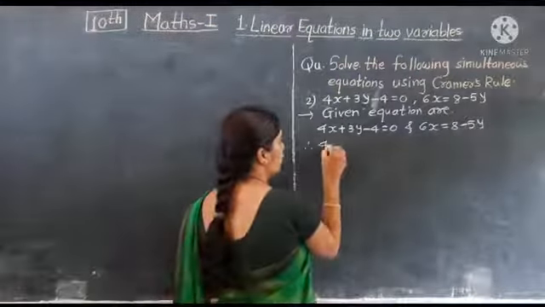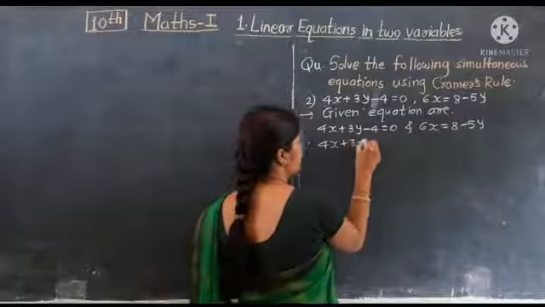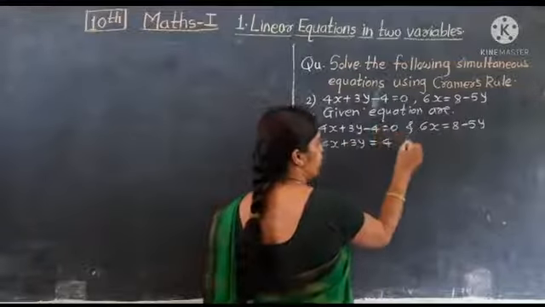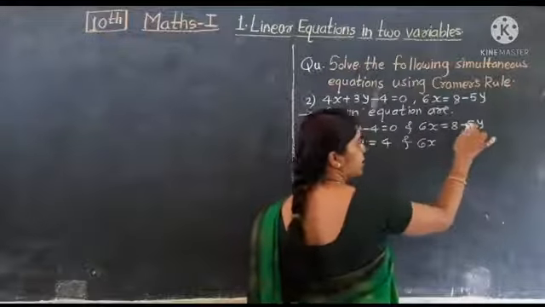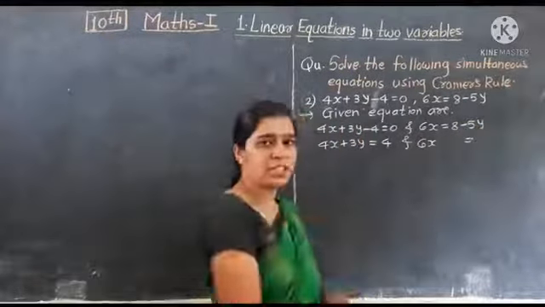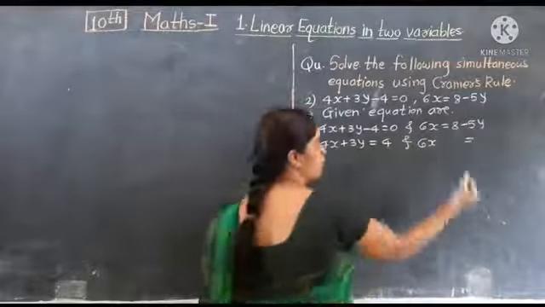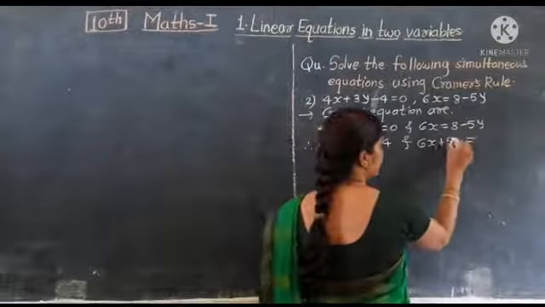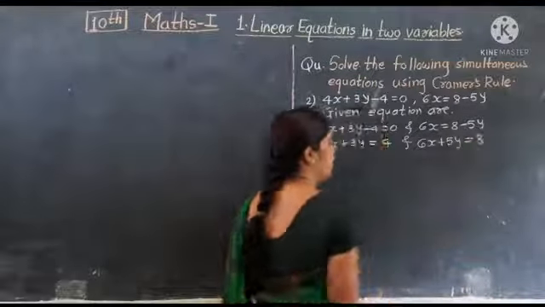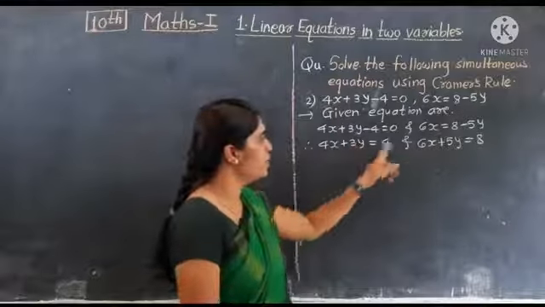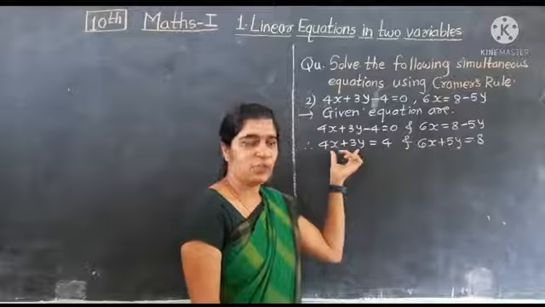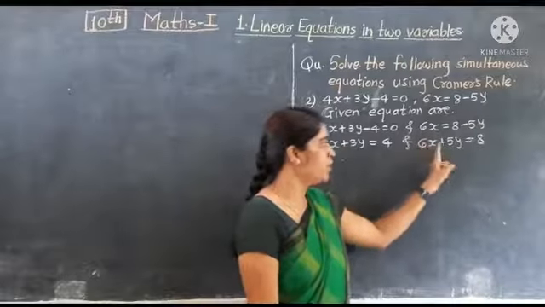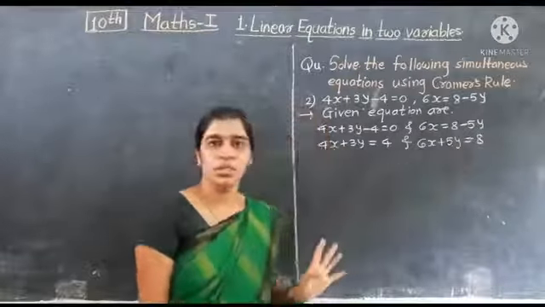So you write here 4x plus 3y is equal to 4, and here 6x, minus 5y is on the RHS, you take it on the LHS. So minus becomes plus 5y is equal to 8. So we convert the given equation in the form ax plus by is equal to c. Here also ax plus by is equal to c.